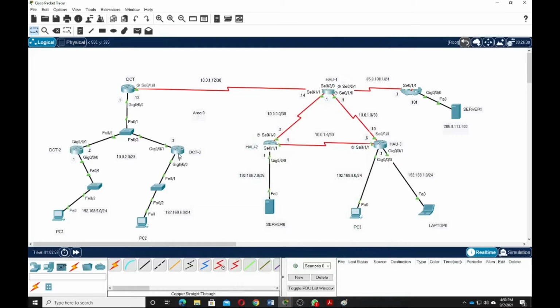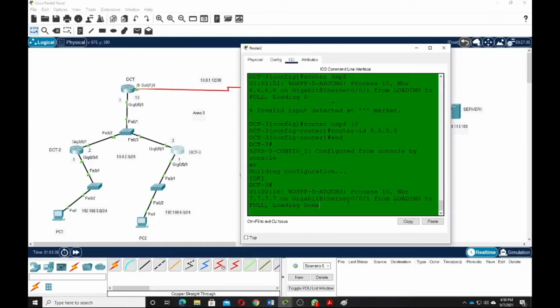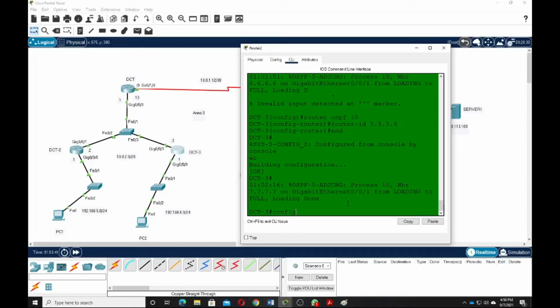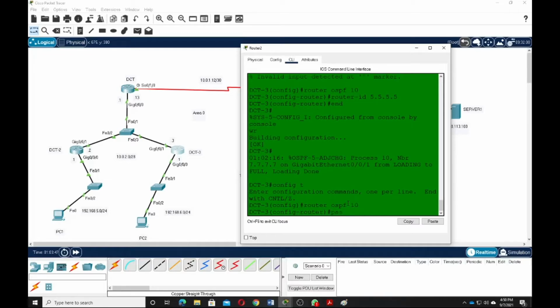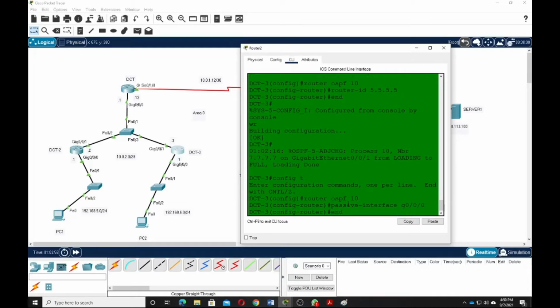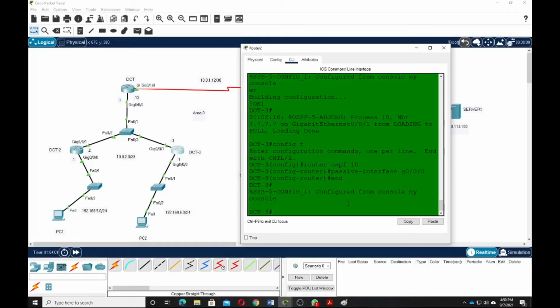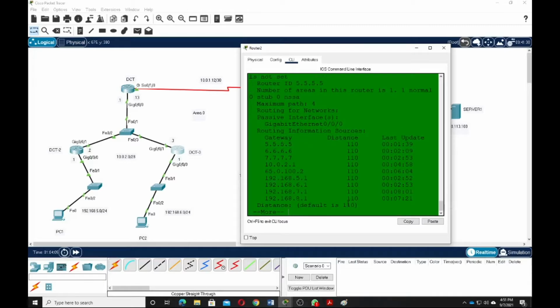And then we need to declare this G0/0/0 also as a passive interface. Config t, router ospf 10, passive-interface G0/0/0. Okay, show ip protocols. So it's already passive.